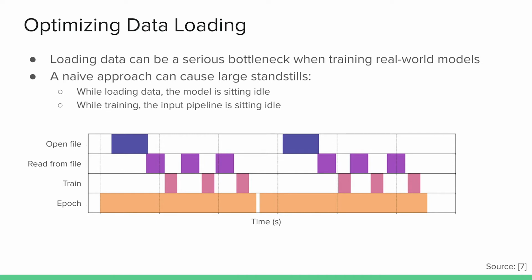Then you read the next file, you read the next chunk from the file, train on it. That will cause lots of standstills in your training, because when you're loading, your model is sitting idle while you're training. The pipeline is sitting idle.